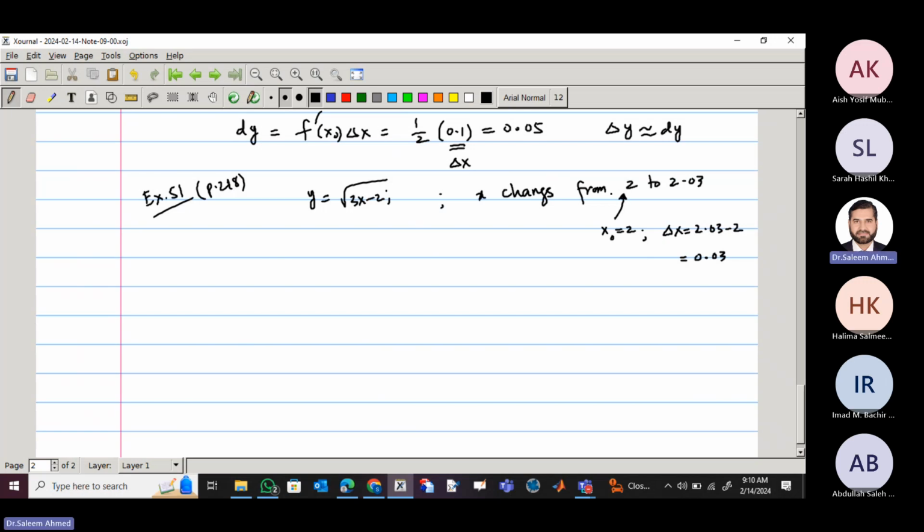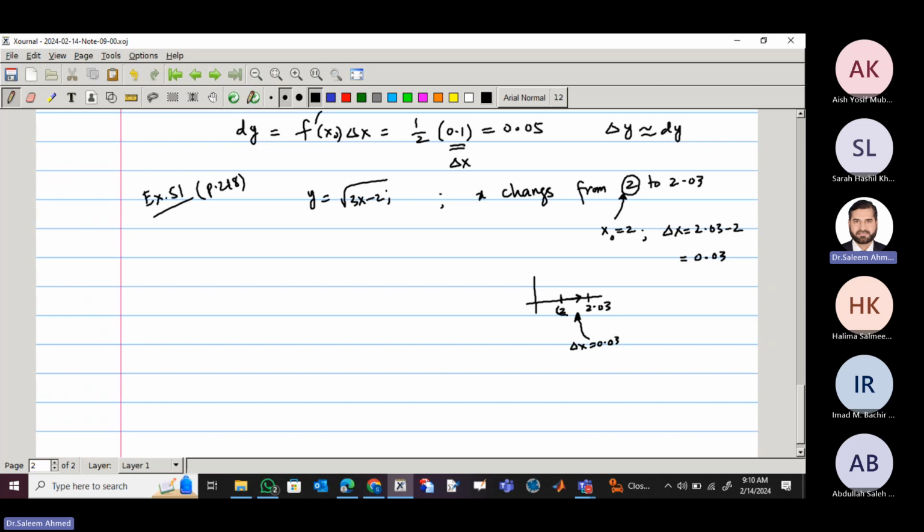So I will take 2 as x naught because you see x was 2 and now it has become 2.03. So the distance between these two is 0.03. So that is my delta x, 0.03.